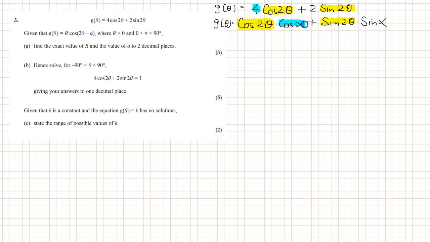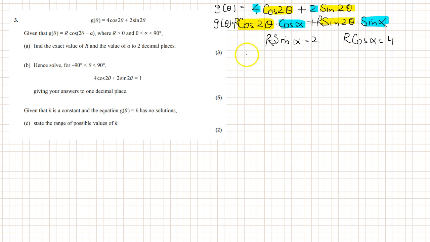So what remains here is 4, and this is cos alpha, here 2, and this is sine alpha. So I can write sine alpha is equal to 2 and cos alpha is equal to 4. And this is R. So this is R sine alpha, R cos alpha.